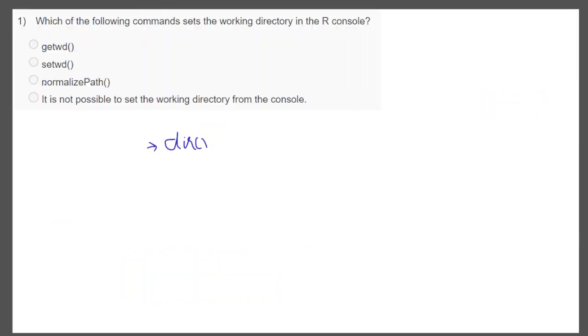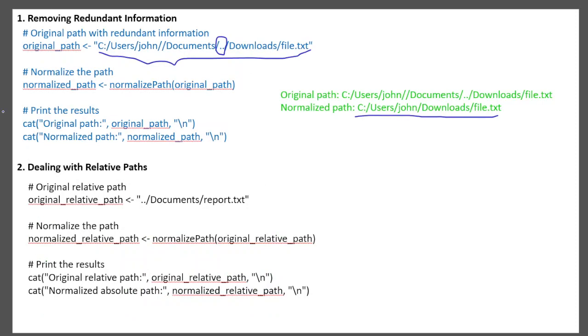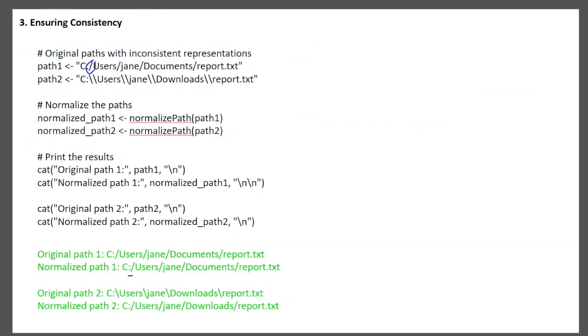So for here, the command used for setting the working directory is set working directory. Anyway, I will be sharing this PPT, so you can try out all these programs and see how things are working out.